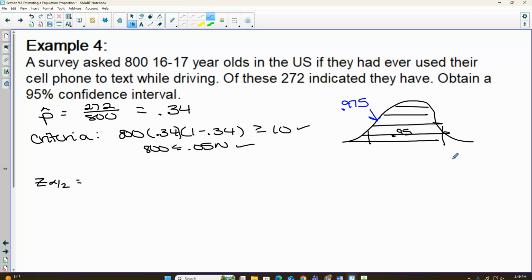So you need to find the Z that matches 0.975. So you're looking inside your table. The closest we can get to 0.975, and that one is on there exactly. And the Z is? That's my Z.